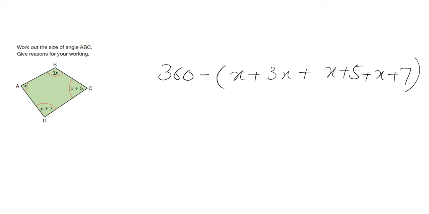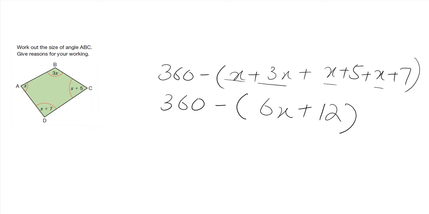So over here, they have given you the angles with a variable. So again you have to cancel all these angles with 360, like I am doing this. 6x plus 12.